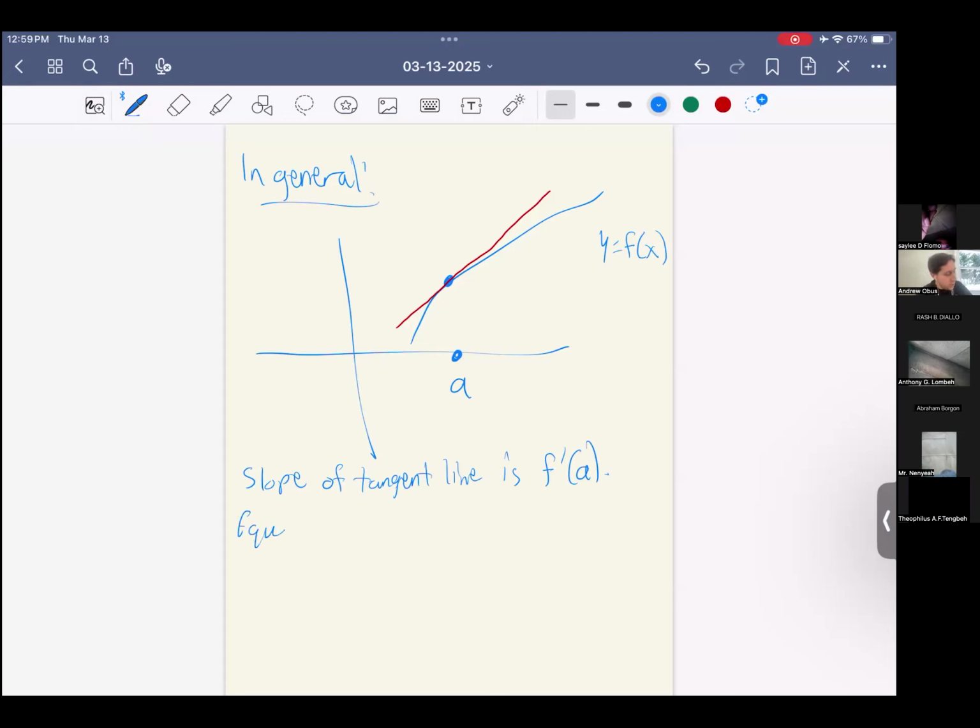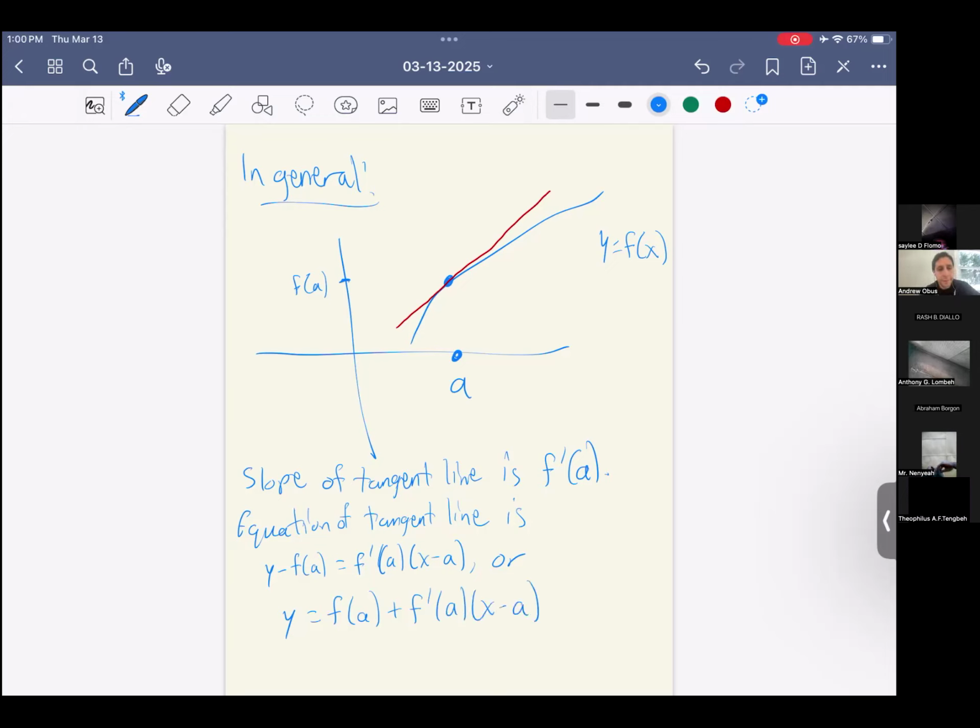And so the equation of the tangent line, we can write in point-slope form. If this is A, then the y value here is f of A. And so we get y minus f of A is equal to f prime of A times x minus A, or we can isolate y. y is going to be f of A plus f prime of A times x minus A. That's the equation of a tangent line.